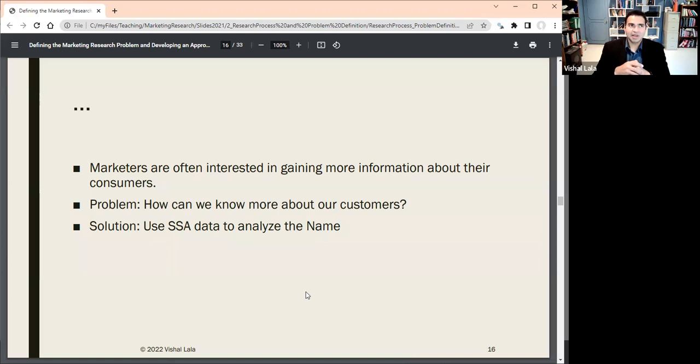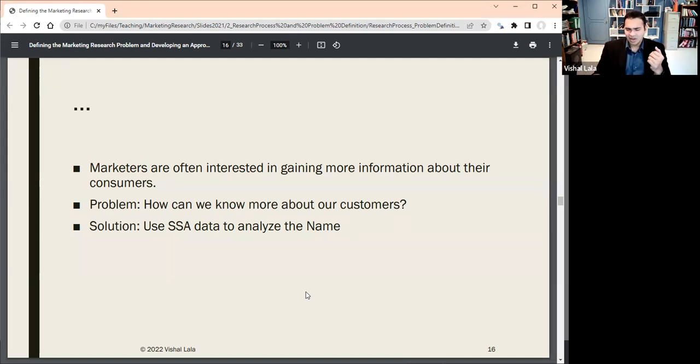Think of a name like David versus Ty. Do these names suggest a certain age to you? Is Donald an older person or younger person? What about Max? Right? What about Daphne or Hillary?